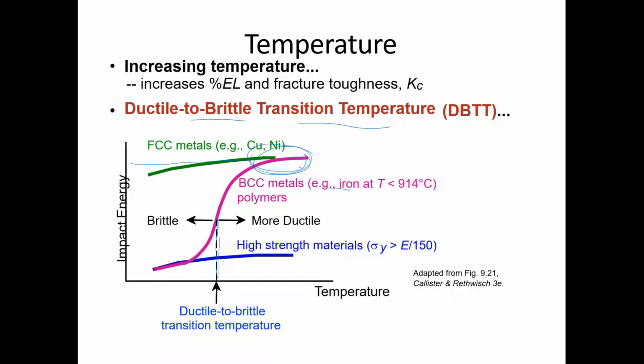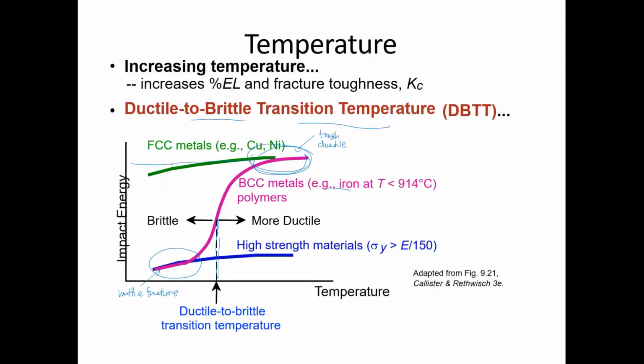If we look at the lower temperature, at the lower shelf region, only a small amount of impact energy is absorbed, and at this particular point brittle fracture will occur.